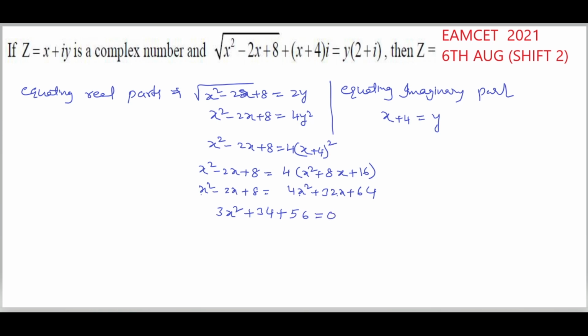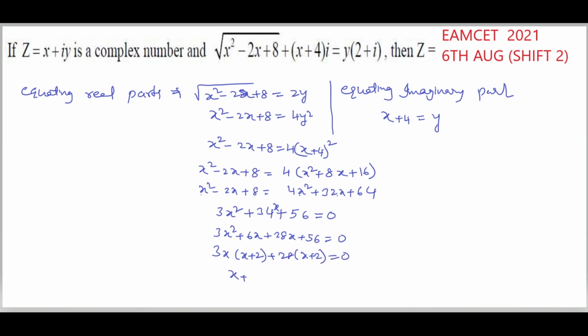So factors of 56 into 3 is 6 into 28. This is 3x square plus 6x plus 28x plus 56 is equal to 0. Take 3x common, that is x plus 2, plus 28 common. This is x plus 2 is equal to 0.